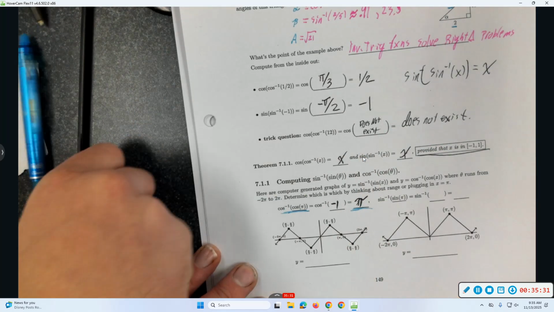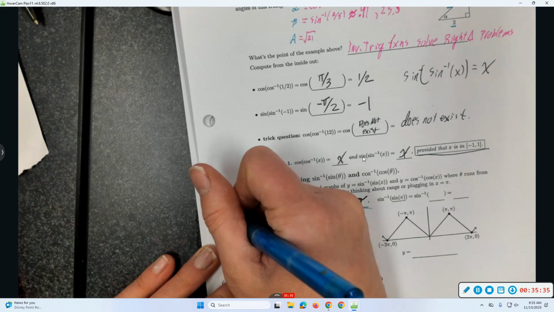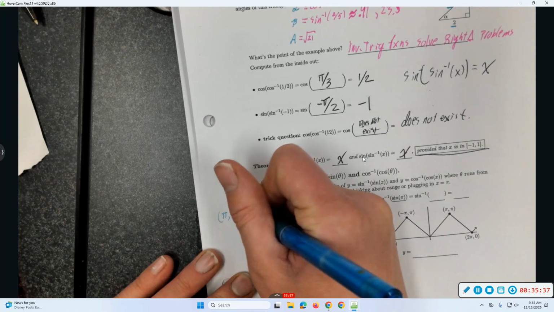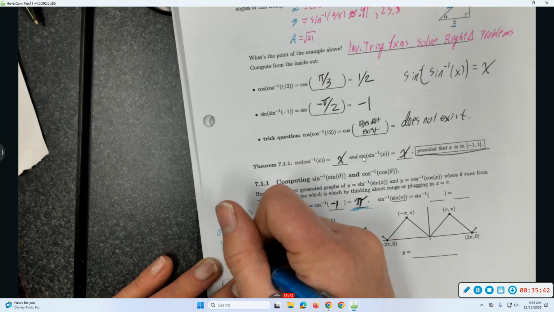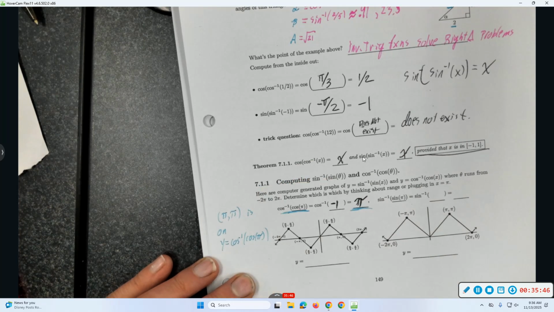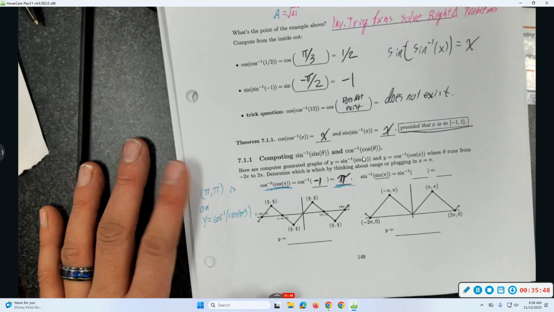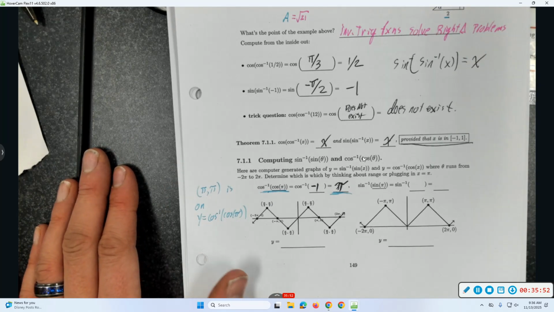So I guess that means that x equals pi, y equals pi is on y equals cosine inverse of the cosine of x. Between these two options, which one might be cosine inverse of the cosine of x?